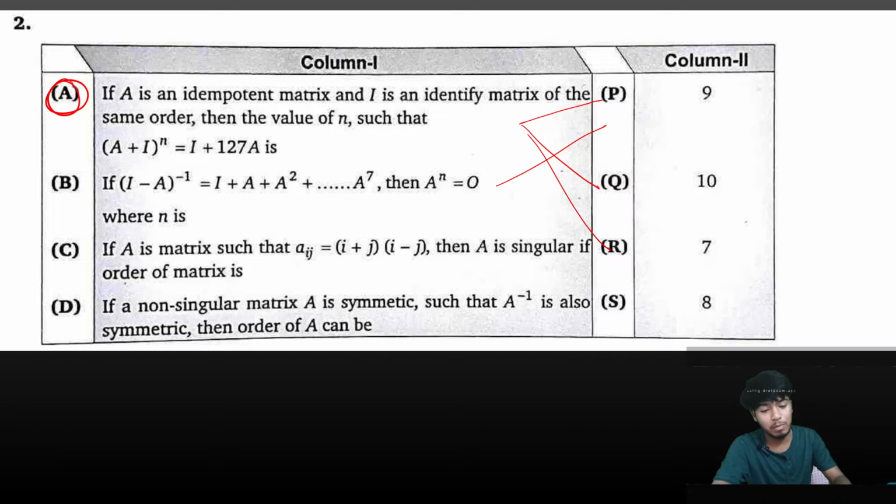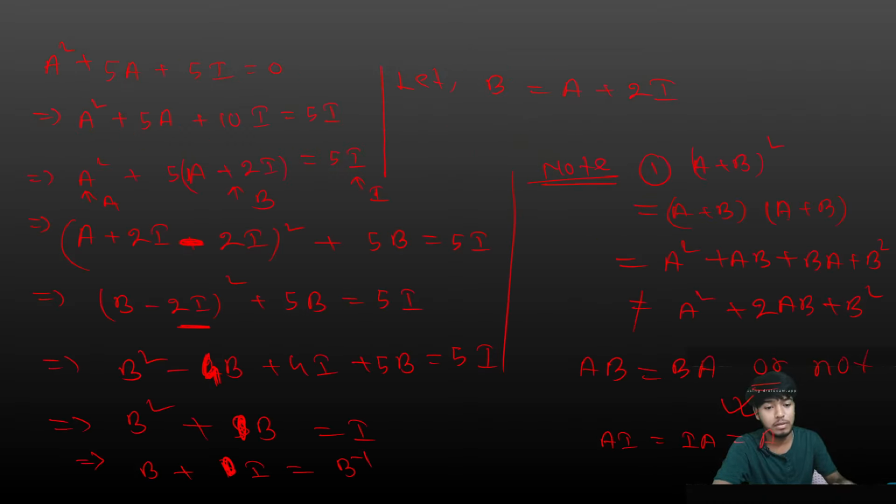Again use the same property. Now when B changes to identity, matrix multiplication is commutative.